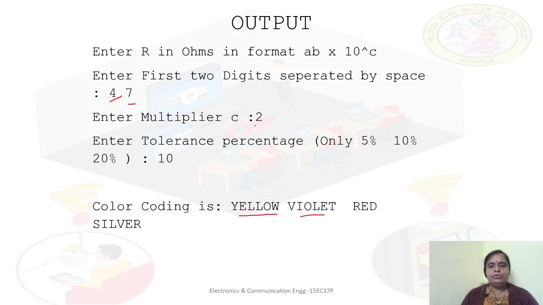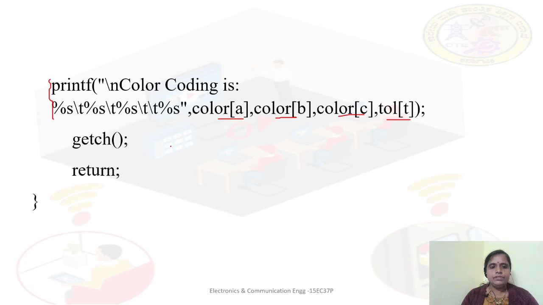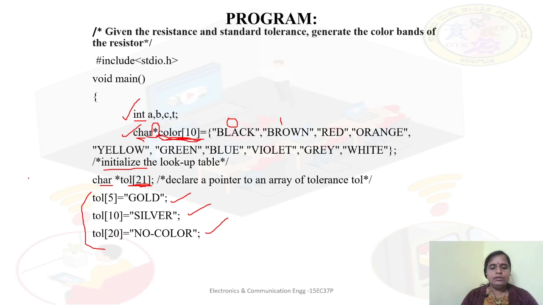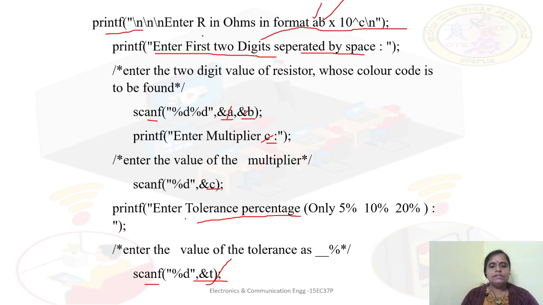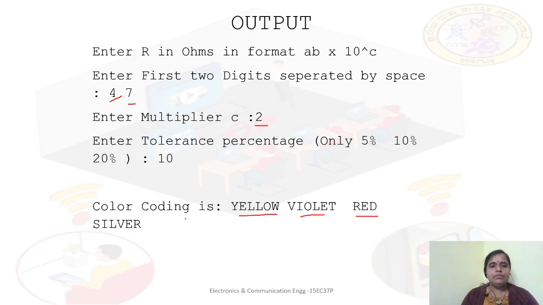And related to your 2, I have red. So this is the color coding. The next, related to your tolerance, if you just again see the assignment, if 10 is the input, then it is nothing but silver. The same way here we are getting the value. If it is 10, I'm getting silver. So this is the output we are going to get.